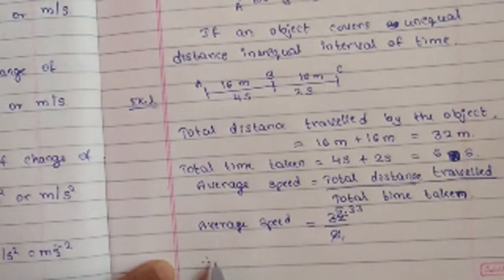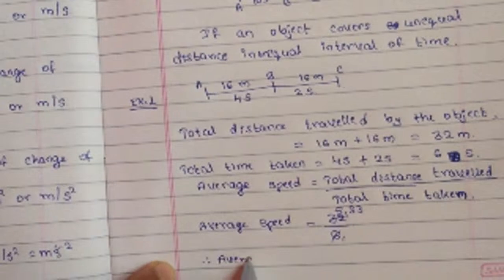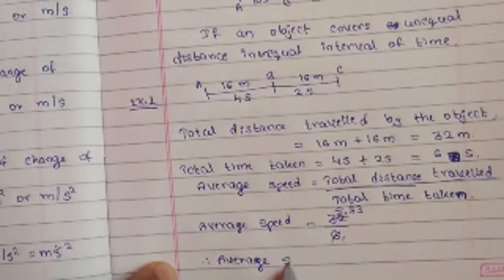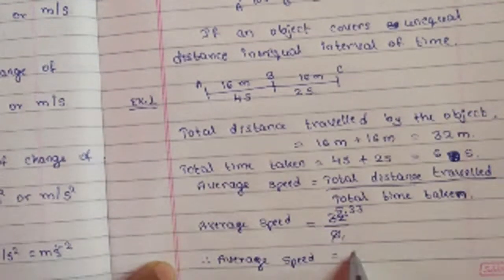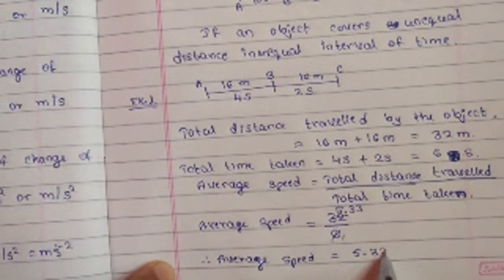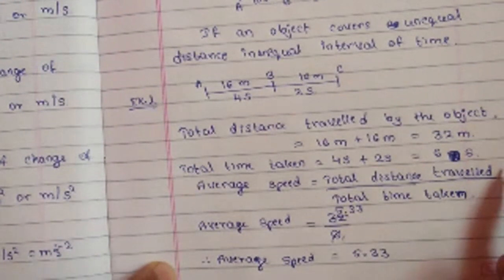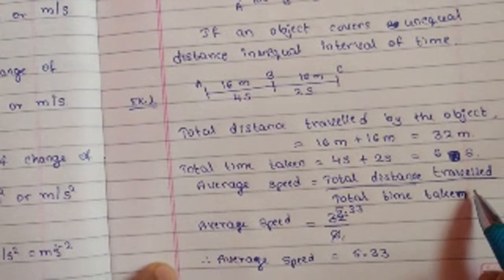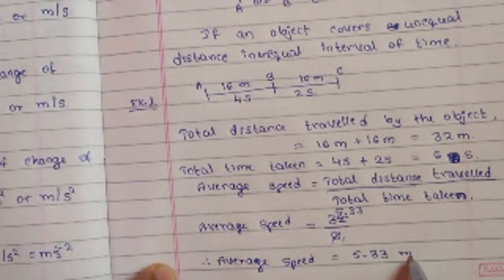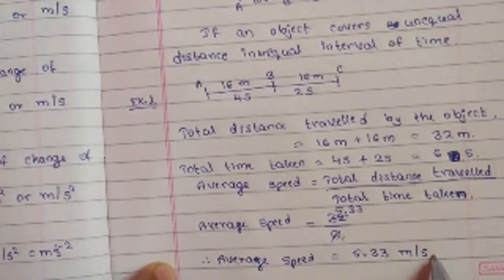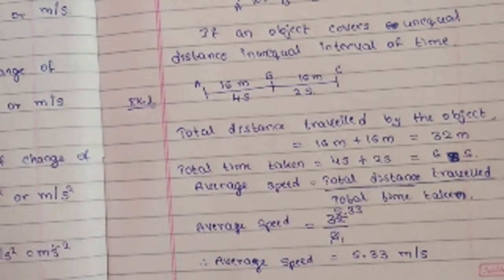So therefore average speed is equal to 5.33. Here in the numerator it is meter, and in the denominator it is second, so therefore it becomes meter per second, small m bar small s.